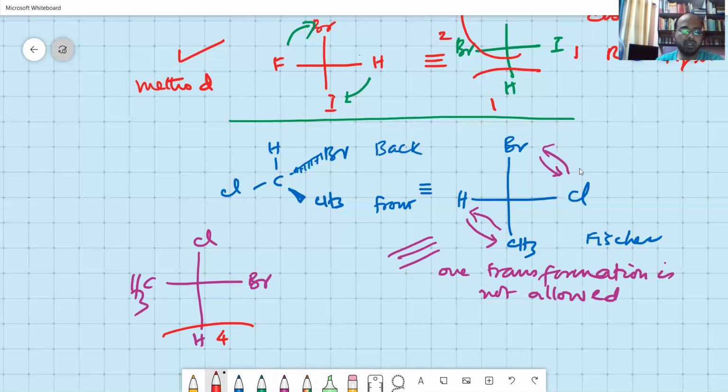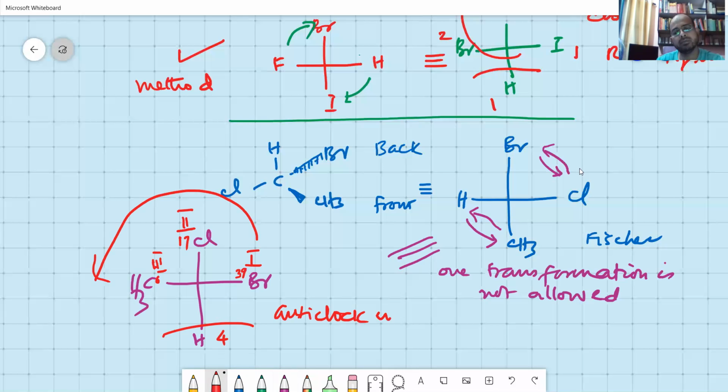Top one is bromine, first priority. Chlorine is second priority. Carbon is third priority. The reason is that the atomic numbers are 35, 17 and 6. So it goes like this. It is anti-clockwise, and therefore it is yes.